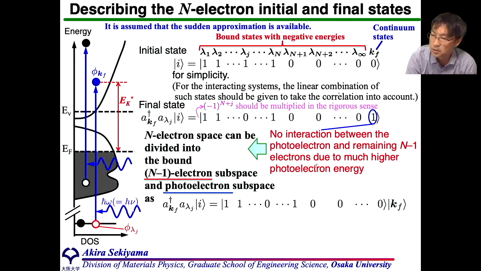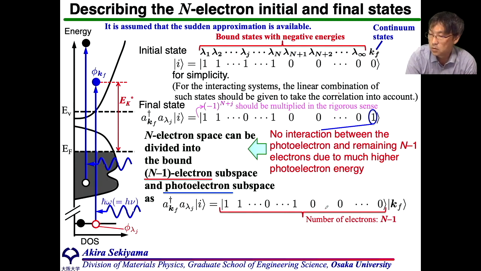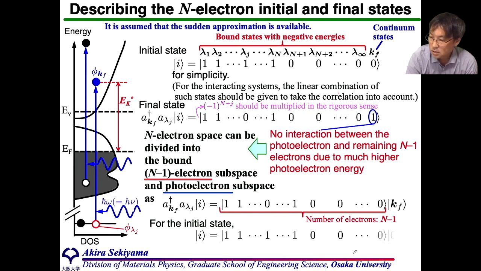As I explained before, the number of electrons of the occupied state is N-1. For the initial state, it is described like this. So when we divide it into the bound state and photoelectron subspace, for the initial state, this subspace is the vacuum state.